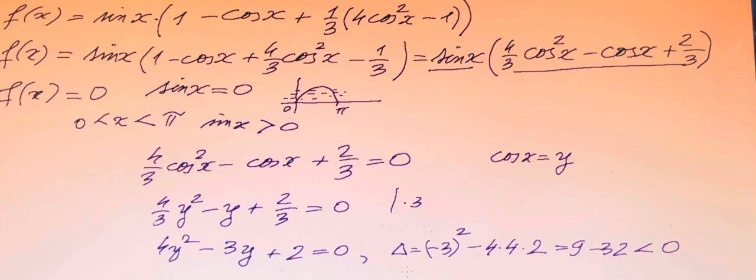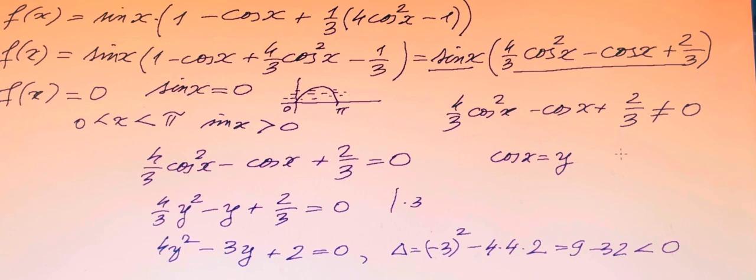Because the discriminant is a negative number, we know this equation won't have a real root, which means 4/3 cos squared x minus cos x plus 2/3 can never be 0. So we proved that for x between 0 and pi, f cannot be 0, which was to be shown.